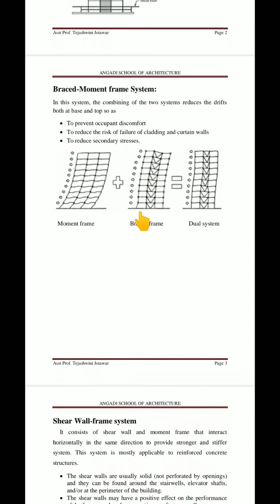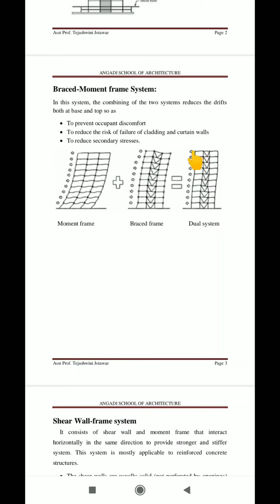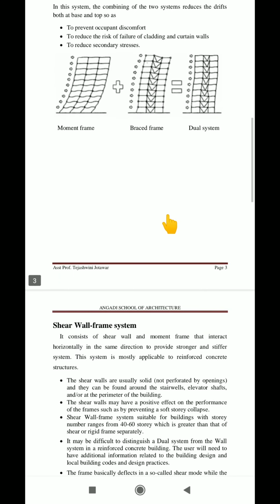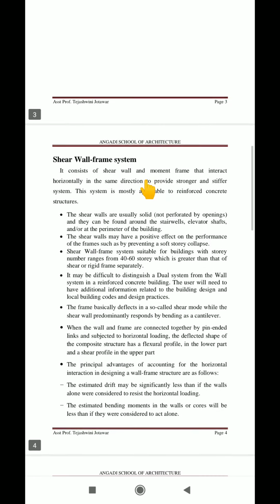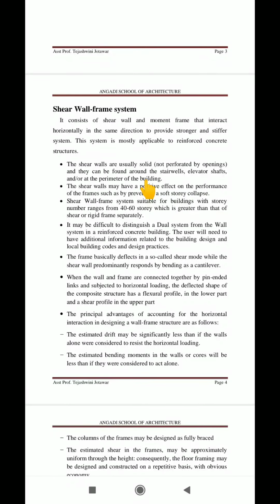But whatever the type of system, the drift or deflections at the base and the top of the structure are very huge. But when I combine these two frames, the resultant structural form will have comparatively very little drift as compared to the individual structural forms, and hence these are more preferred for high-rise structures. The second one is the shear wall and moment frame system.